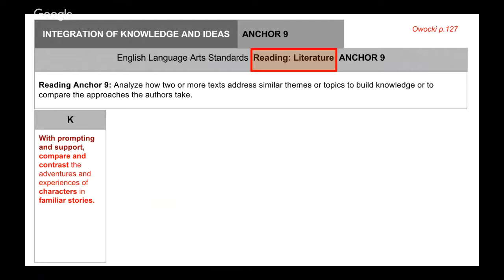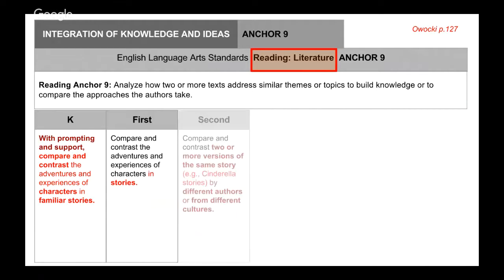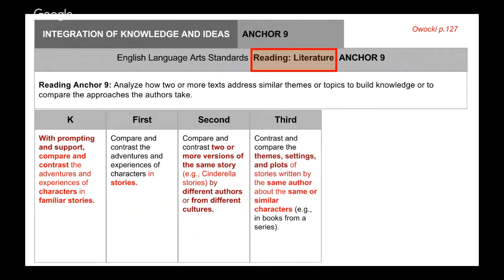In kindergarten, it starts again with prompting and support, but you're contrasting and comparing the adventures and experiences of characters in familiar stories. 1st grade, you're doing the same thing, but without prompting and support, and beyond familiar stories. 2nd grade, you're contrasting and comparing same versions, right? By different authors, different cultures. 3rd grade, you're now comparing and contrasting theme, setting, and plot, but all by the same author, your author studies.